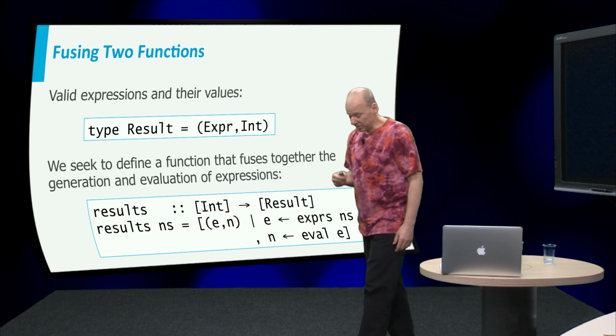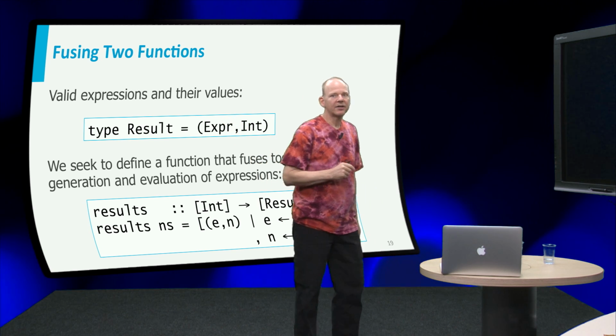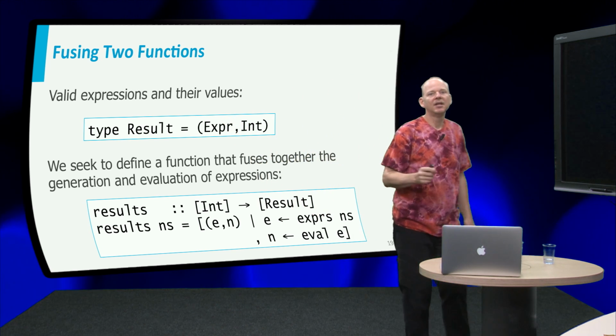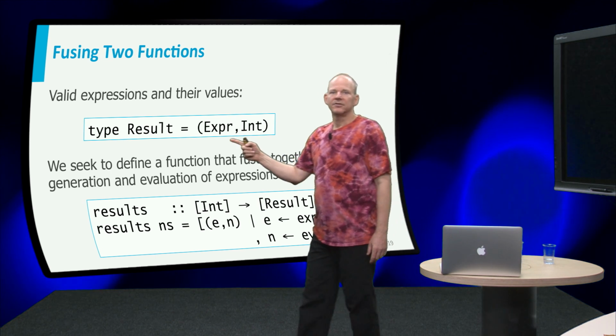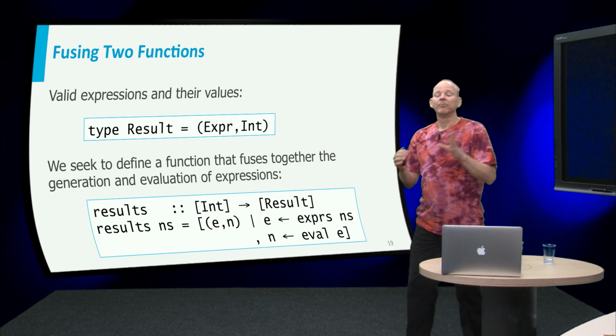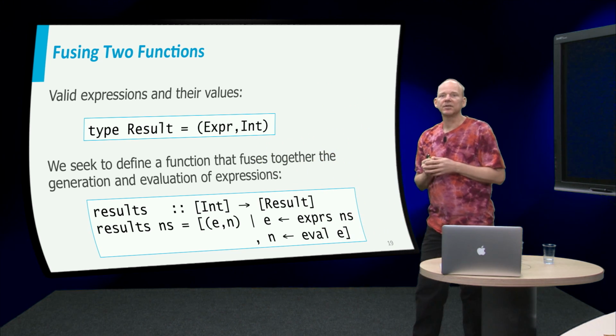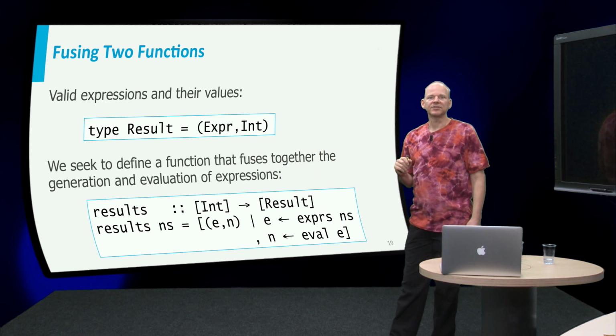The way we're going to do that is look at pairs of expressions and their values. So this is the expression and this is the value. We carry around both the symbolic representation of the expression and the numeric representation of the expression.